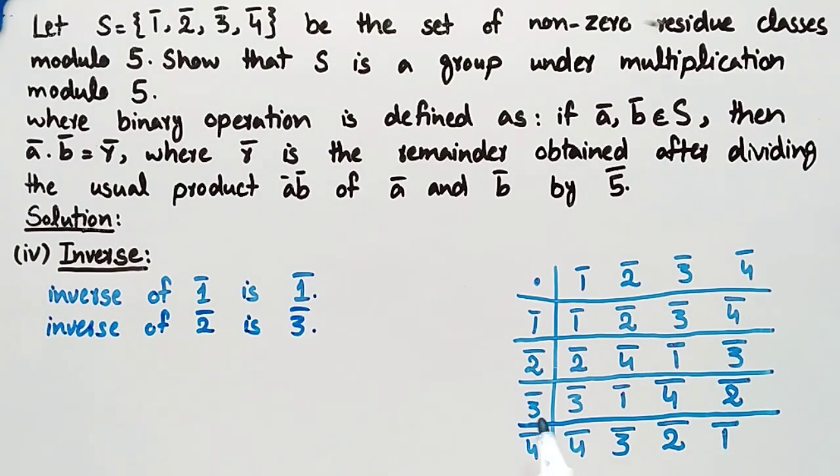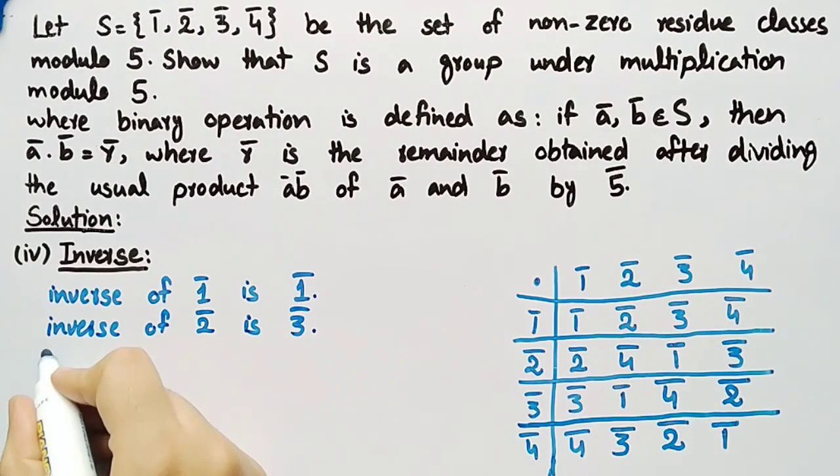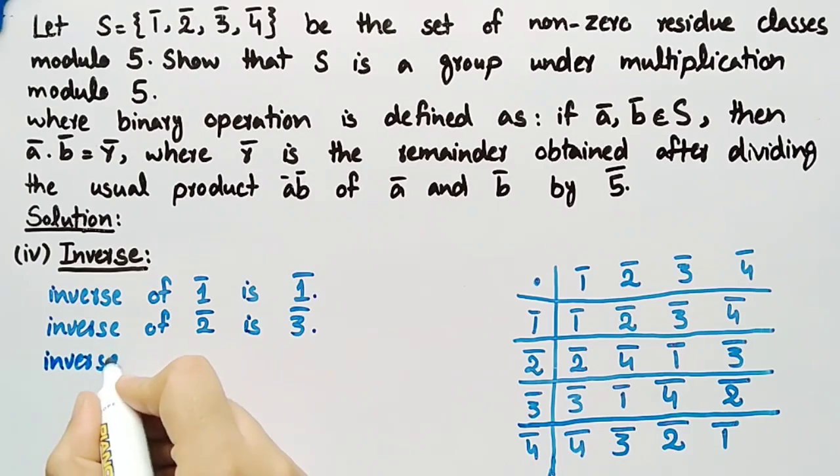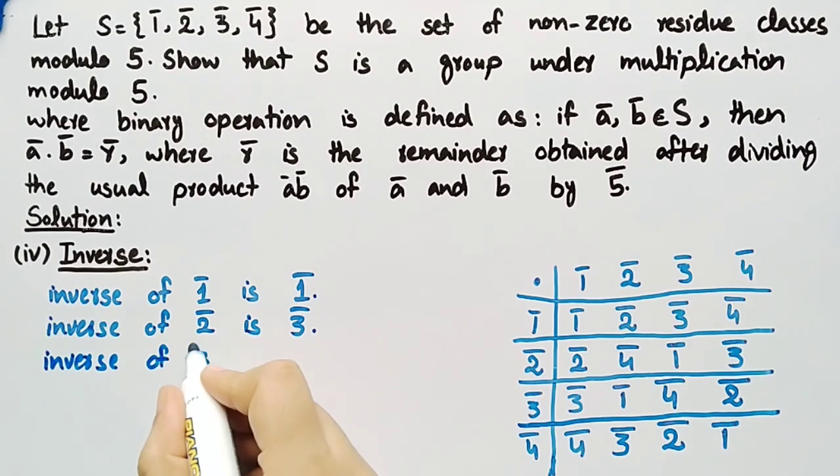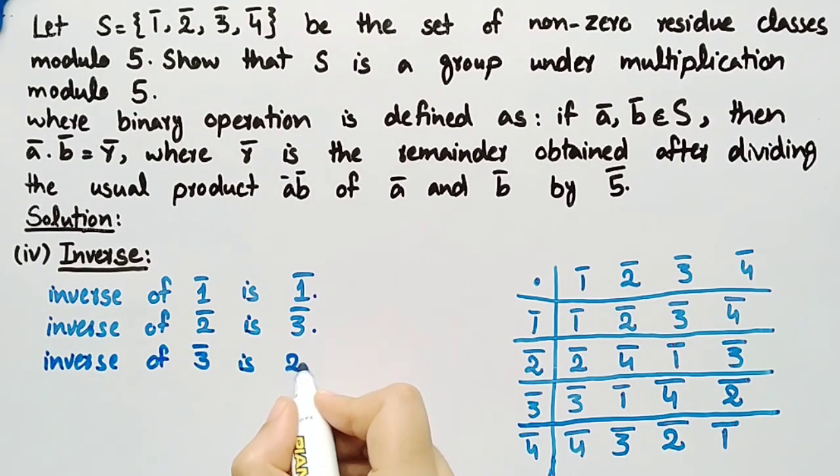And when we multiply 3 by 2, we get 1, so the inverse of 3 is 2.